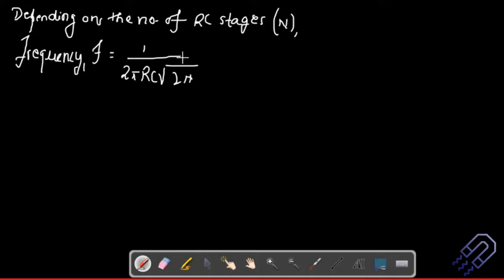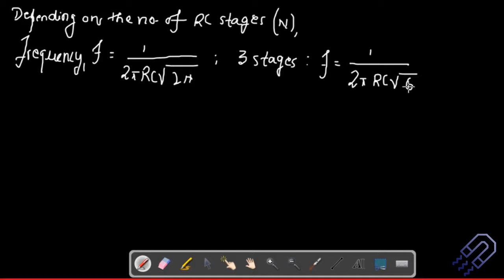So if we have got 3 stages, we are going to derive it now: f is equal to 1 divided by 2 pi RC root over 6. The question is how, and this is what we are going to do now. Just try to derive it. Let's see if we can derive it today.